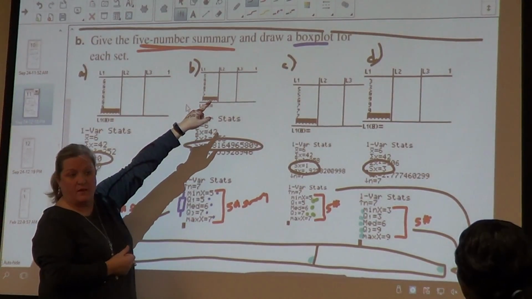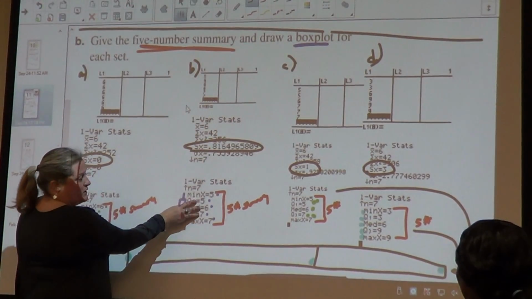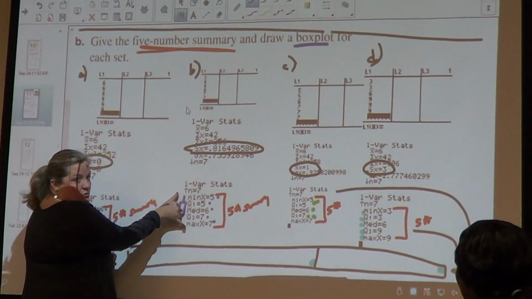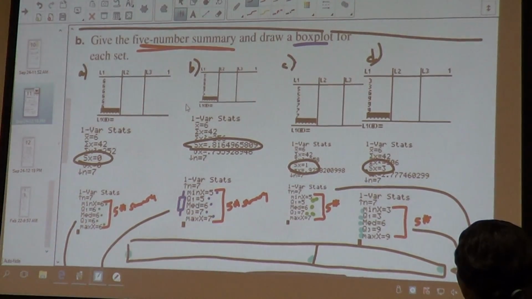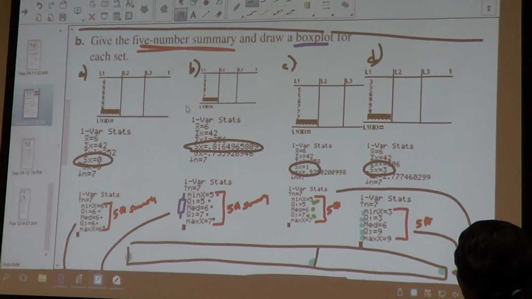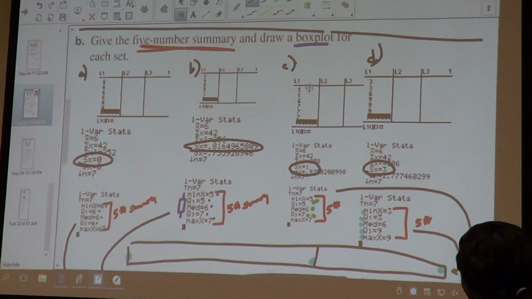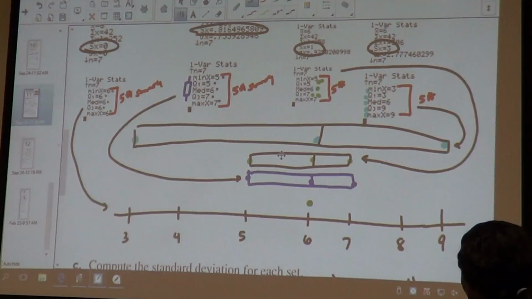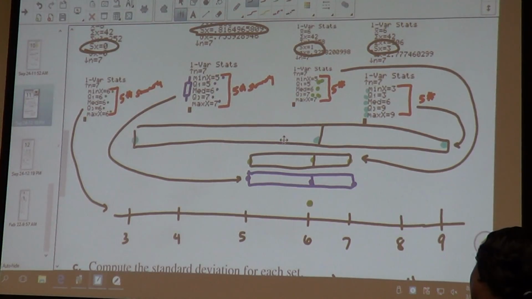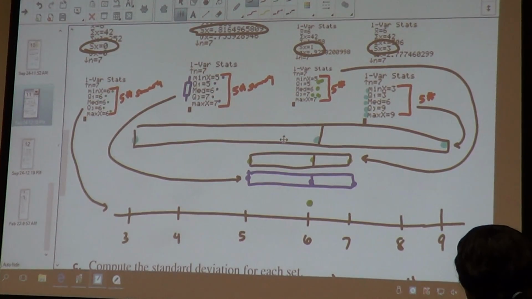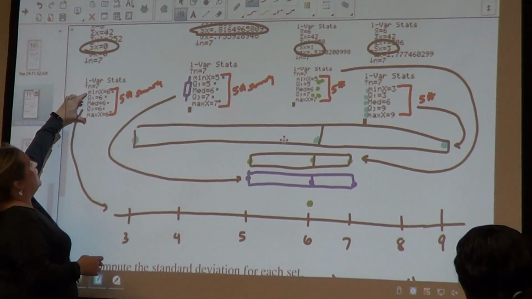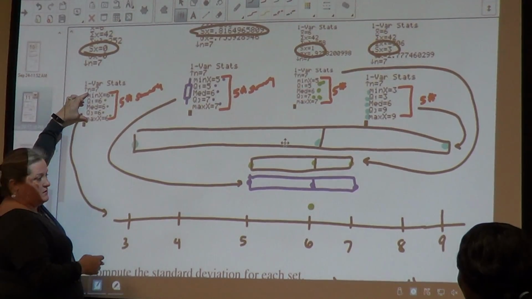And draw a box plot. Remember, the 3 in the middle make the box, and the 2 on the outside make your whiskers. So, I gave your 5-number summary in red. For the box plot, I came down here, and I used the same number line. Well, y'all, all those numbers were the same.